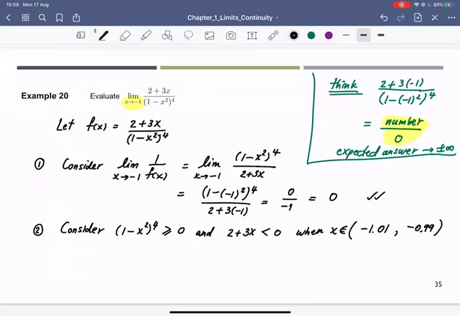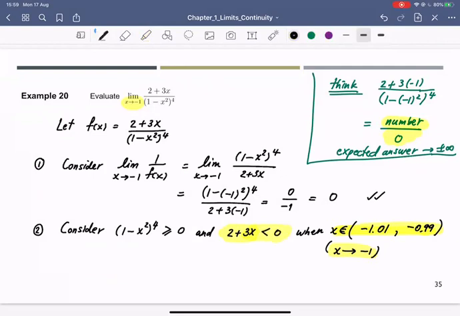When x gets close to negative 1, it means I can pick any x between negative 1.01 and negative 0.99. This is a number close to negative 1. If I pick a number in this interval and plug it into 2 plus 3x, I get a negative number.